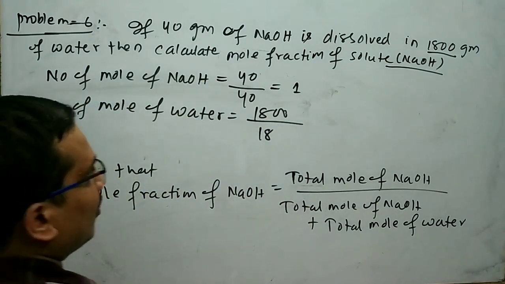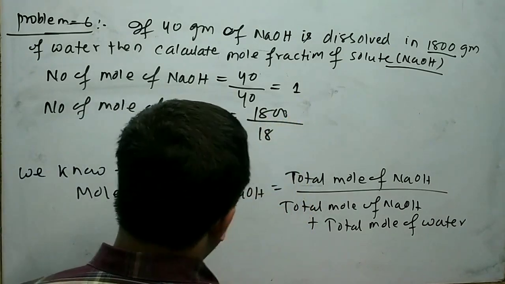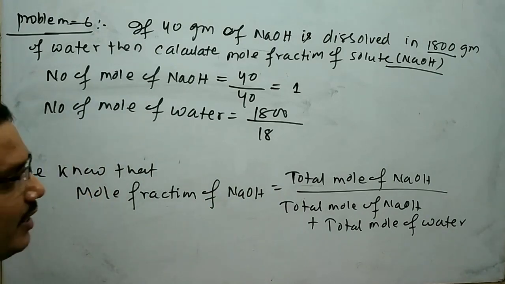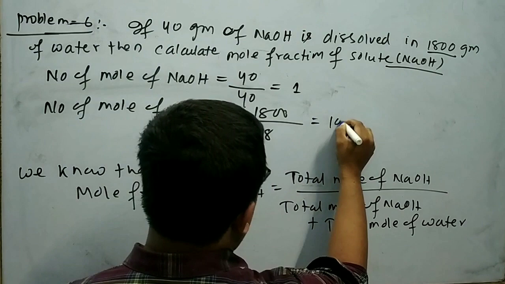Here the weight of water equals 1800 and the molecular mass of water is 18. So number of mole of water equals 100.